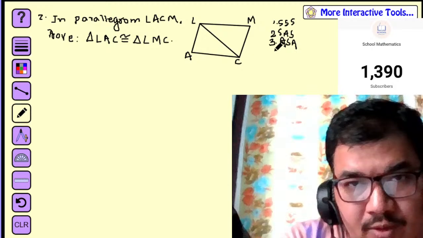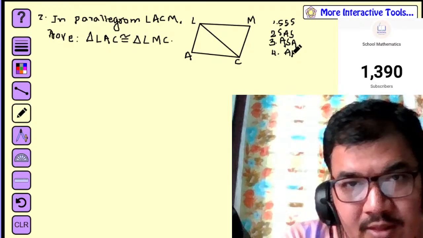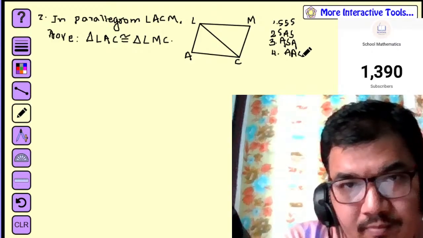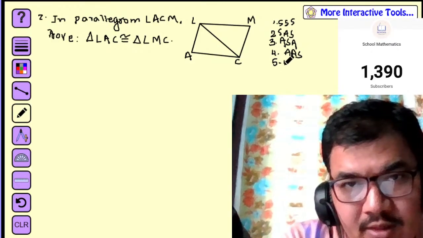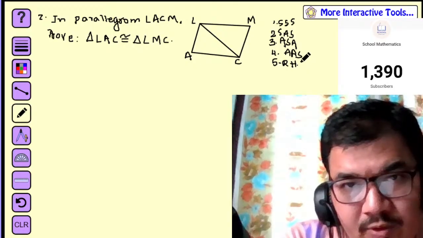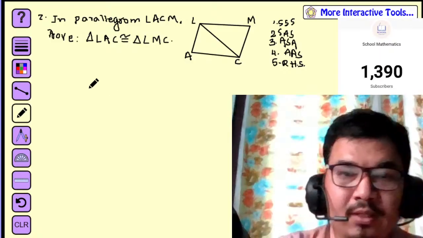This exam I want to share with you. The fourth exam is the AAS exam, and the last, fifth one is the RHS exam. These are the exams that we need to use while proving triangles congruent.